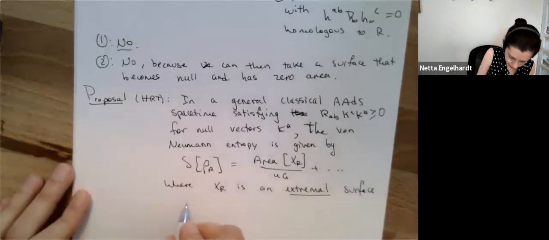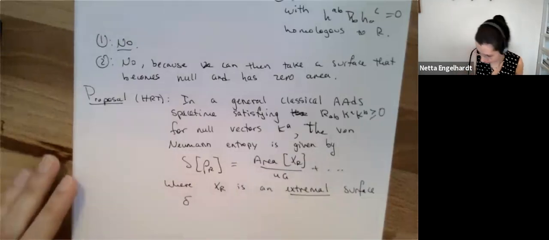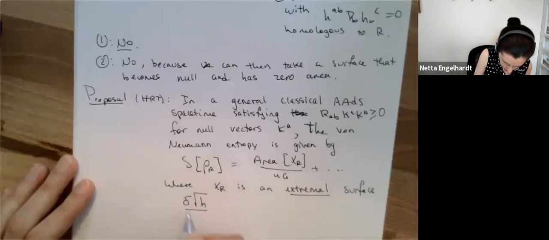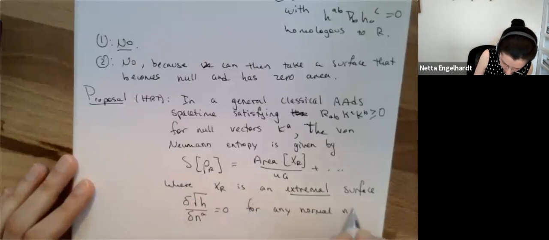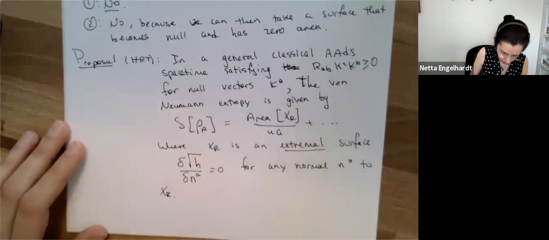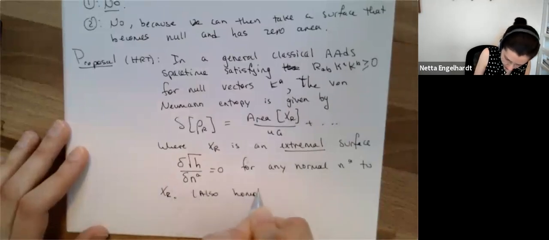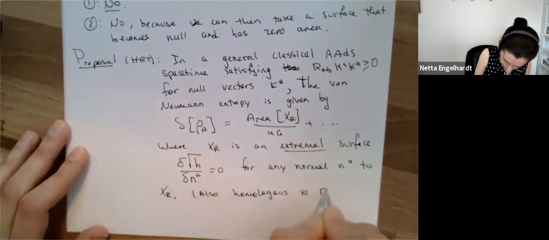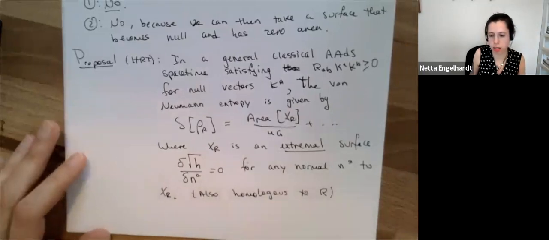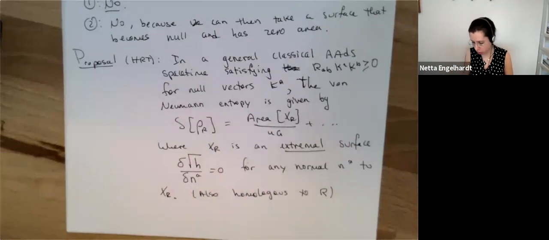That means that in the same sort of language that we had before, root h delta N^A equals 0 for any normal N^A to X_R. And X_R is also going to be required to be homologous to R. And if you have more than one, then you pick the minimal one. So you can have multiple such surfaces, and we always pick the minimal one, the global minimum among the local minima.